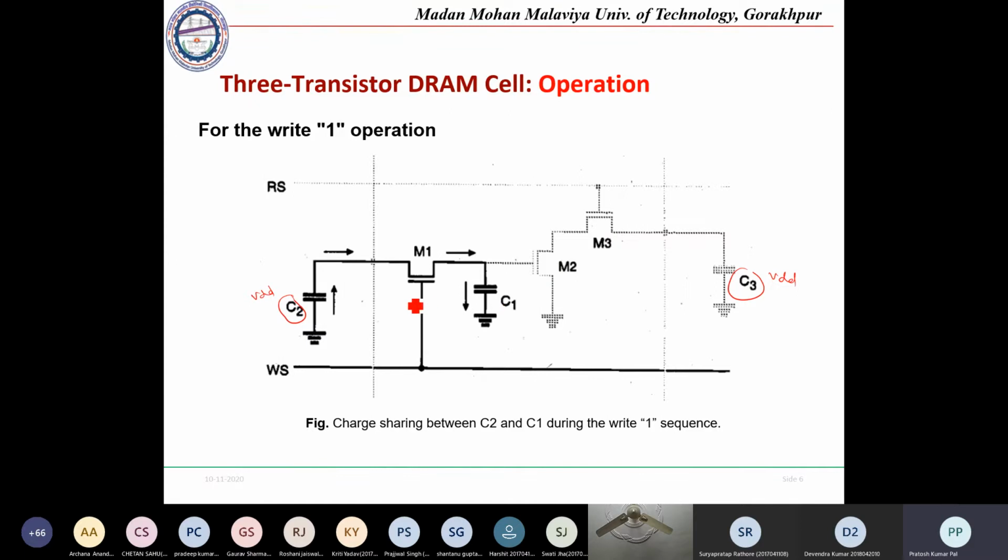So the circuit formed is from C2 to M1 to C1. Initially this was logic 0 and this was VDD, so there will be a current flowing from C2 to C1. There will be charge sharing between C2 and C1 once M1 is on.